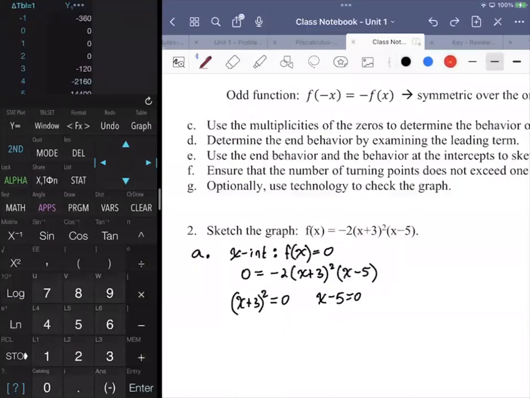For the first one, nothing too crazy. Take the square root of both sides. Kind of like step 3 of completing the square, but there's nothing on the right-hand side. So square root of 0 is 0. You don't even need a plus or minus. So x plus 3, then solve, you get x equals -3 and x equals 5.